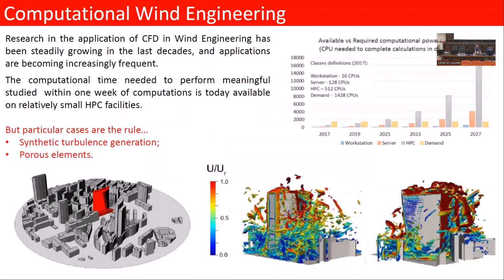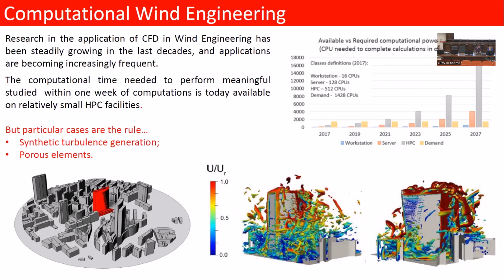Okay, so the idea is that computational wind engineering grew a lot in the last 10 years. Everybody knows that. I made this graph in 2017, the one you see on the right. In that exercise, I compared the amount of computational time needed to get meaningful results for designing in computational wind engineering, and the time available at that time.